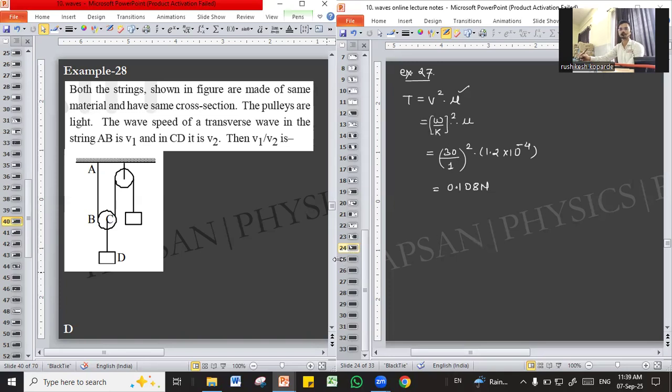Under root 5 by 2. 1 by 2. 3 by 5. Under root 0.5. 1 by under root 2. So under root 1 by 2.